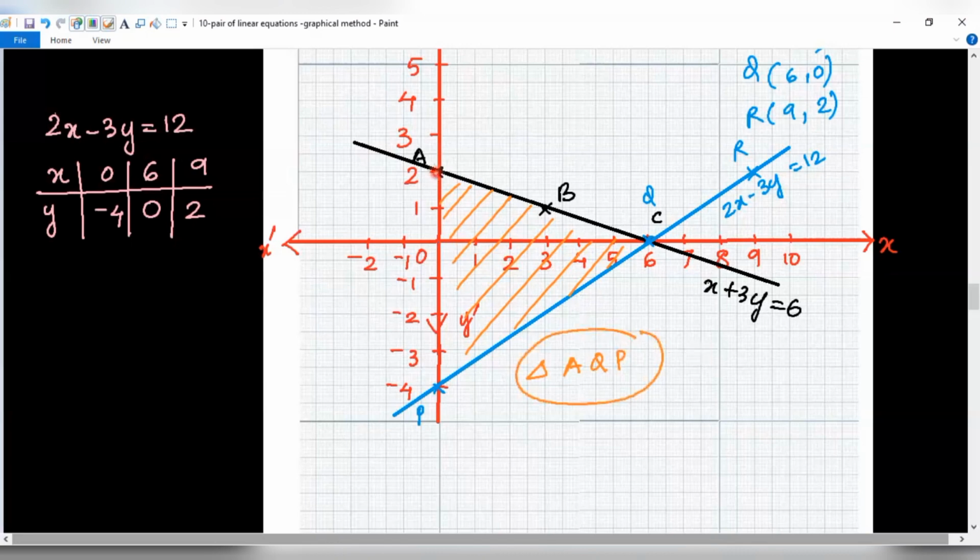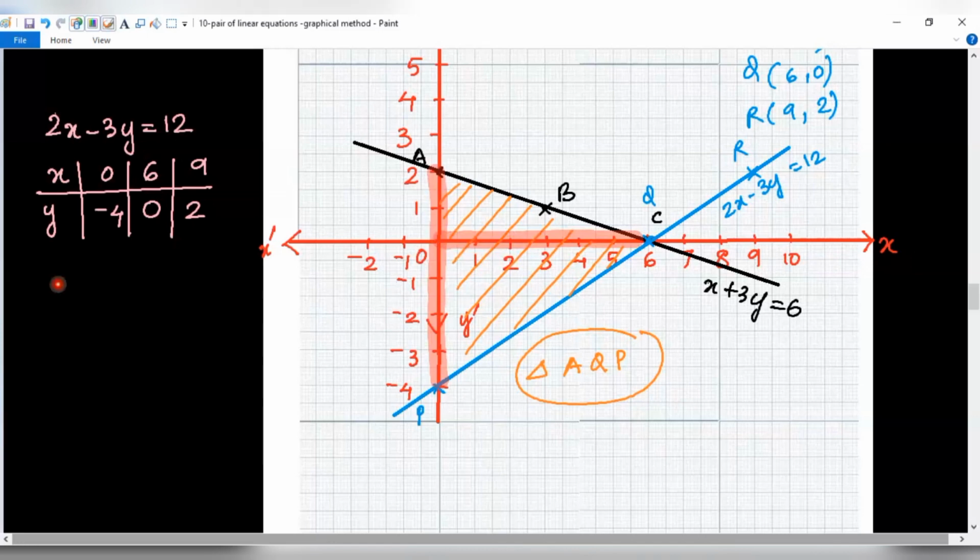See, here we have 2 and here we have -4. What is the distance between these 2 points? That we can take as the base, right? And this as the height. We know the area of a triangle is half of base into height.